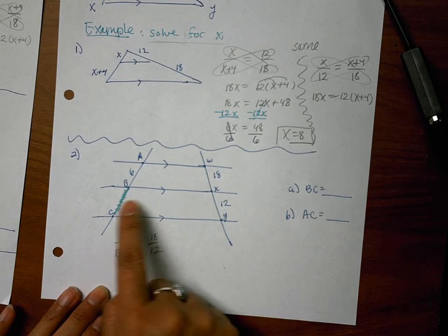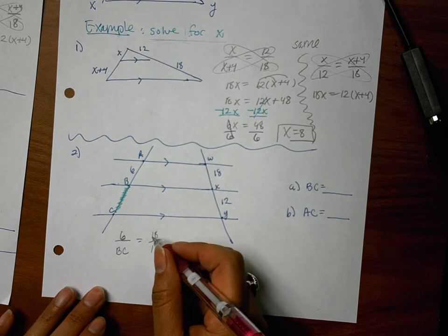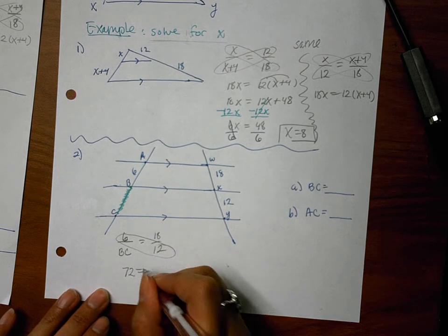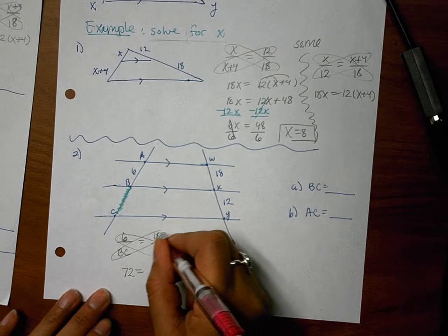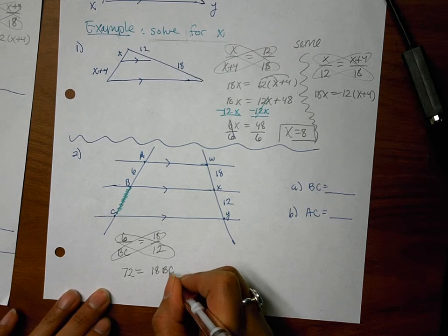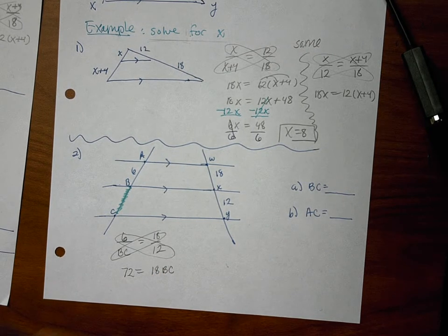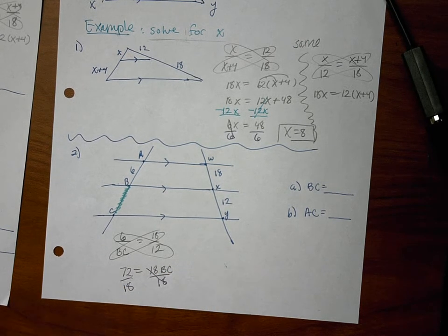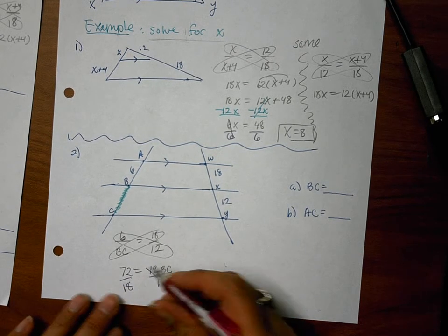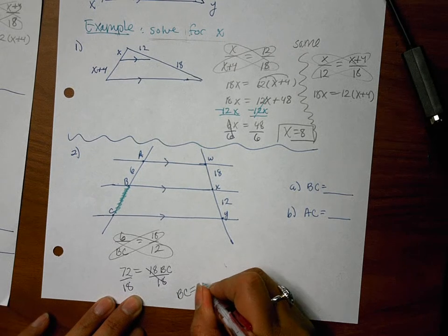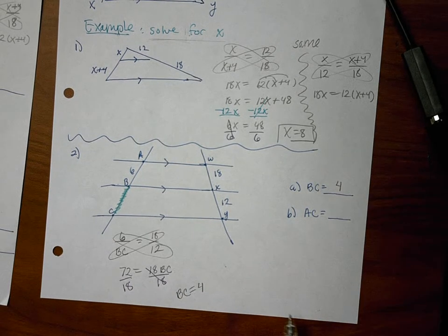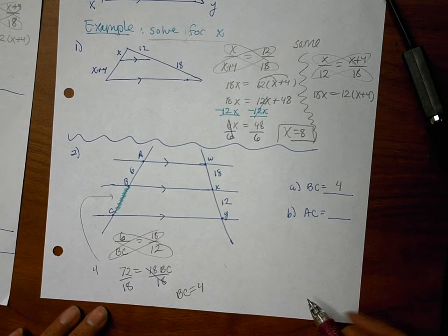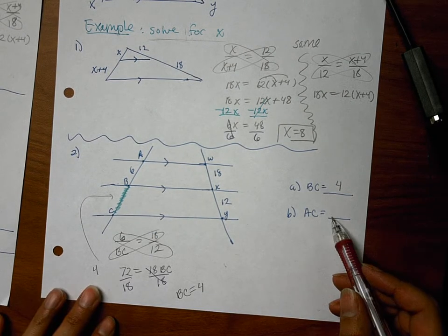And you cross multiply. 6 times 12 is 72, equals 18 times BC, which is 18BC, and then we go and divide both sides by 18, and 72 divided by 18 is 4. BC equals 4. All right, so we just found that segment right there is 4.